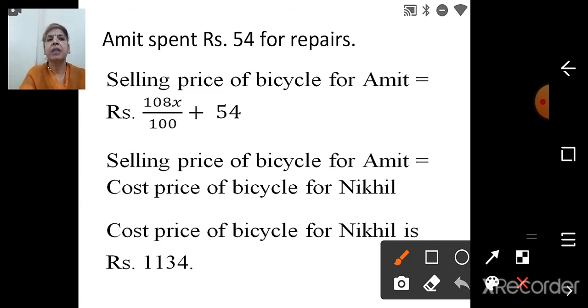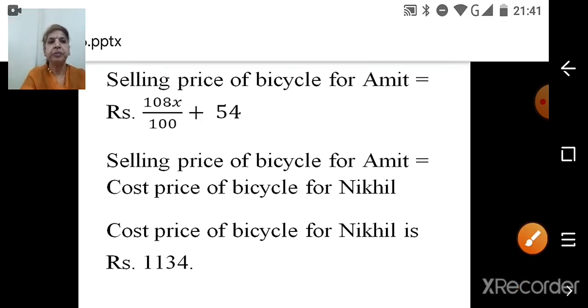This is the selling price of the bicycle for Amit. Now, selling price of the bicycle for Amit is cost price of the bicycle for Nikhil, and it is given that the cost price of the bicycle for Nikhil is 1134. It means the equation is formed, right?